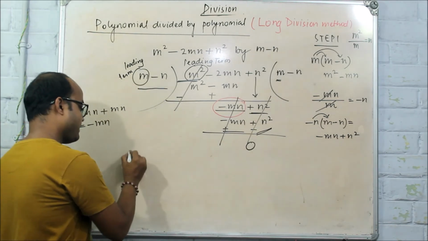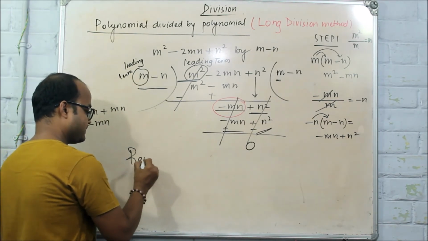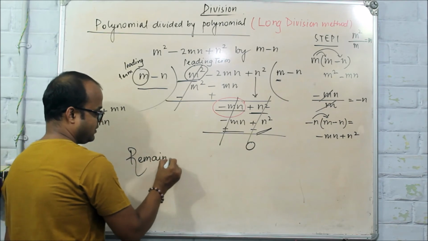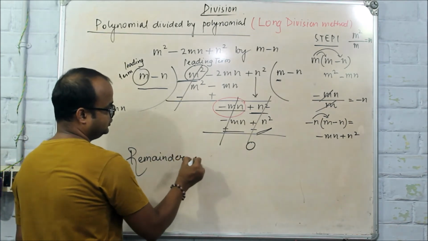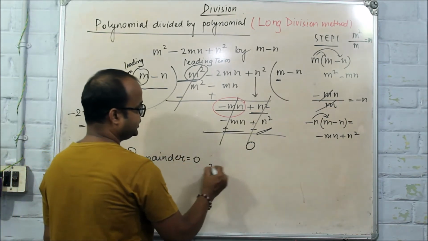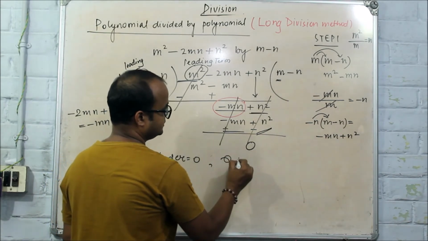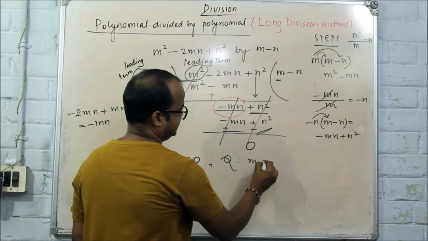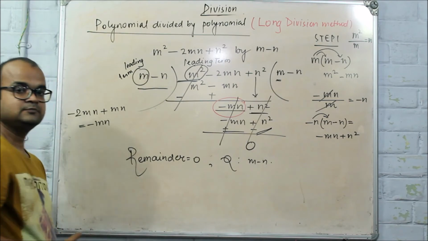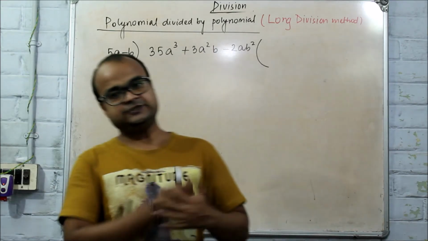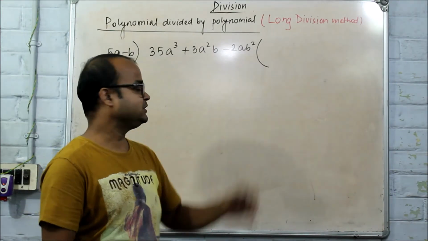So remainder is equal to 0 and quotient is equal to m minus n. Clear? Let us discuss yet another problem.